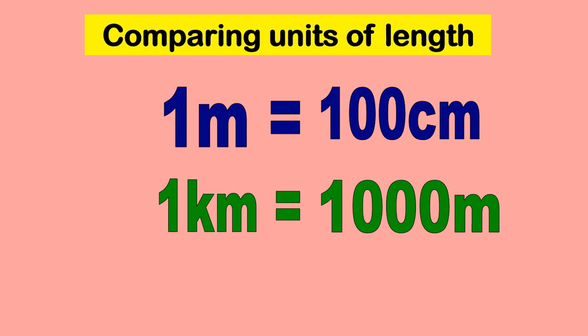For example, 2 meters equal 200 centimeters, and 2 kilometers equal 2000 meters.